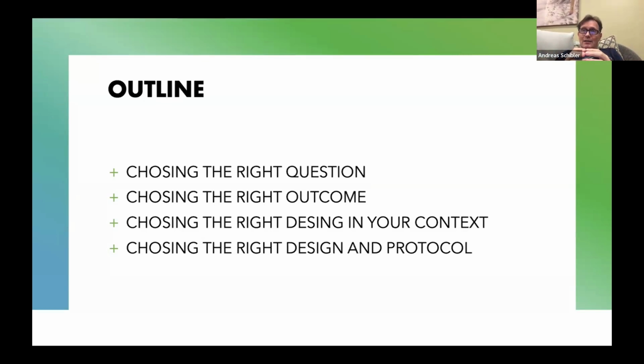The next point is, it's very important that you ask the right question and choose the right design in your context. A research question in the US or in Europe or in Australia is not necessarily the same research question and design that you would ask here. So you really need to look at what we can achieve within our context.